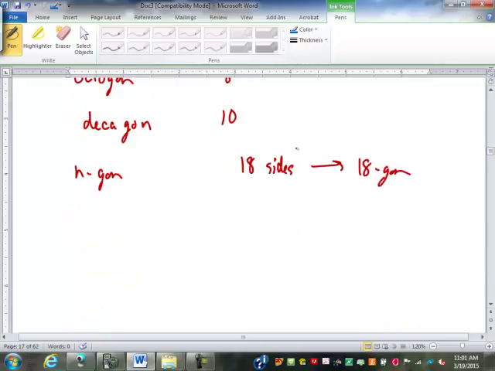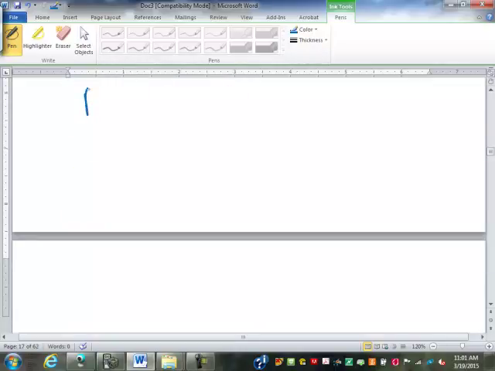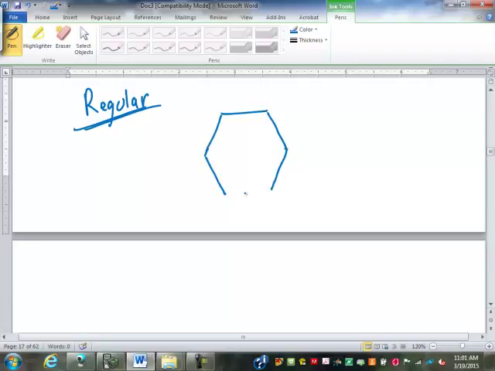Some things about our polygons. Regular polygon. Now, regular polygon does not mean it gets enough fiber in its diet. A regular polygon, if I'd have drawn that better, is one where all sides are equal and all angles are equal.